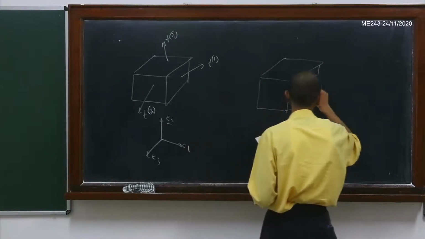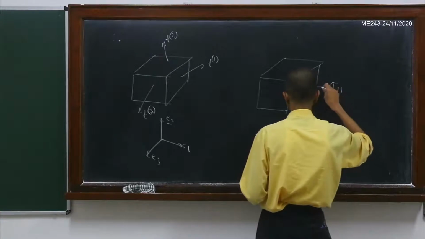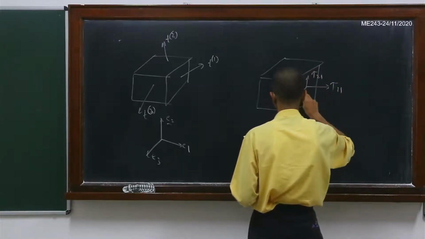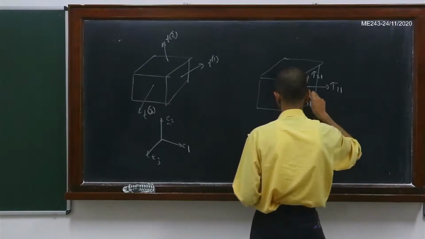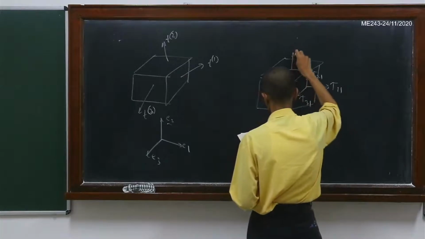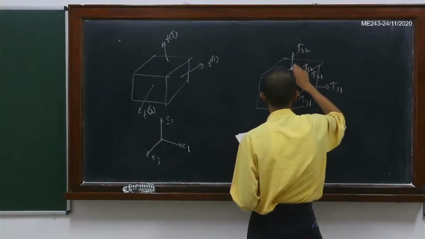This will be your tau 1, and this is tau 2.